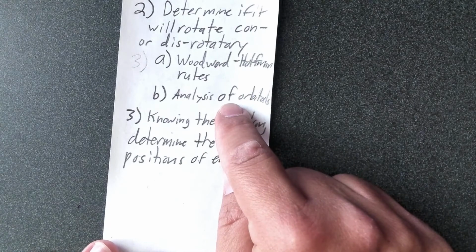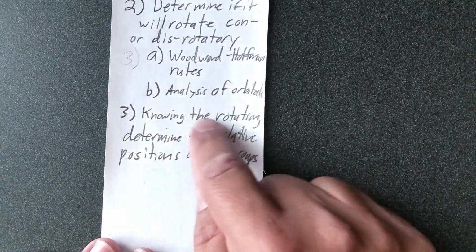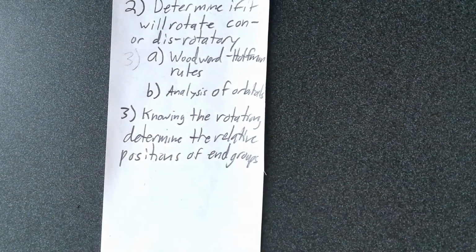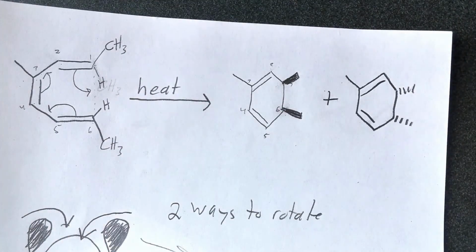Then once you know whether it's dis or conrotatory, you then have to go through the analysis of what does that mean for those four end groups? Where are they going to be located if they are rotating that way in the formation of that sigma bond? So what are the two products? And that's what leads you to finally get your final answer.